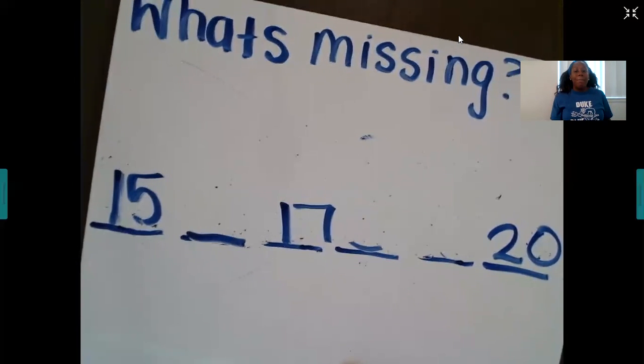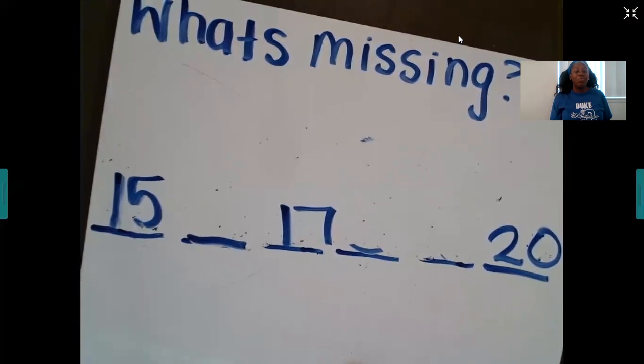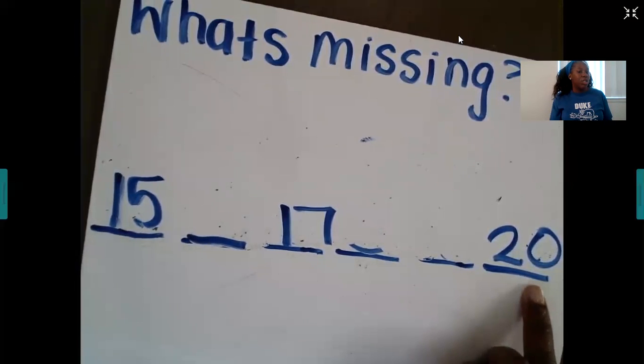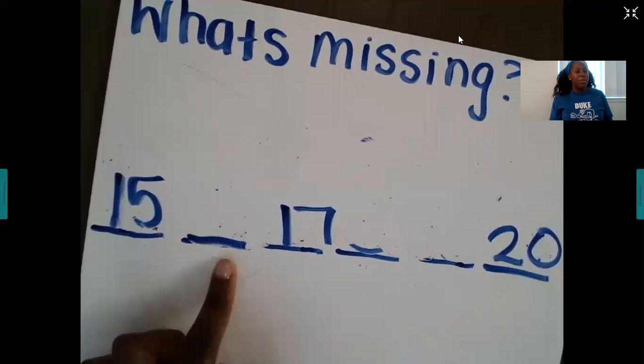All right, here we go. What's missing? Look at it, think about it. It looks different this time. I started with the number 15, and I ended with the number 20. What's missing right here? What number comes after 15?